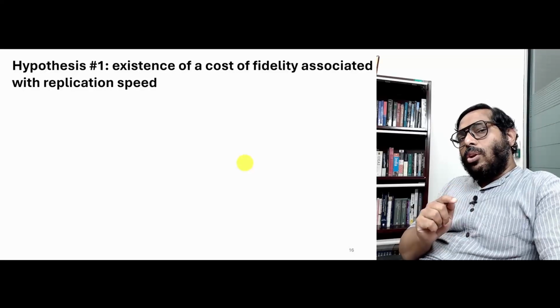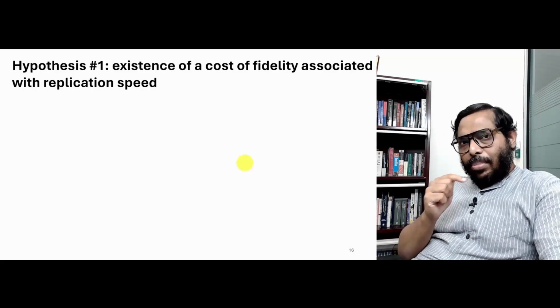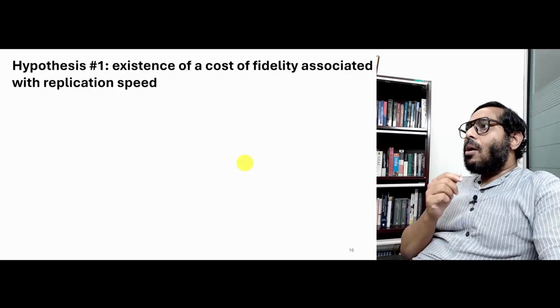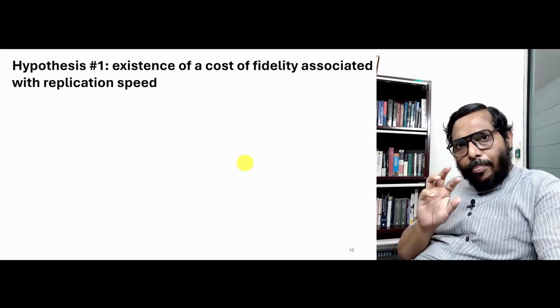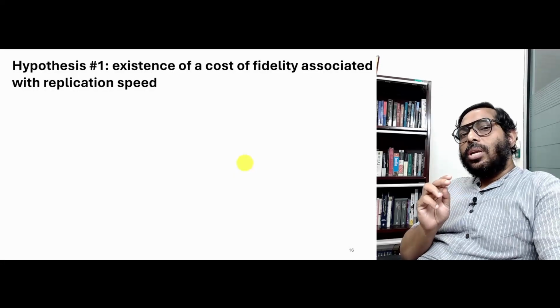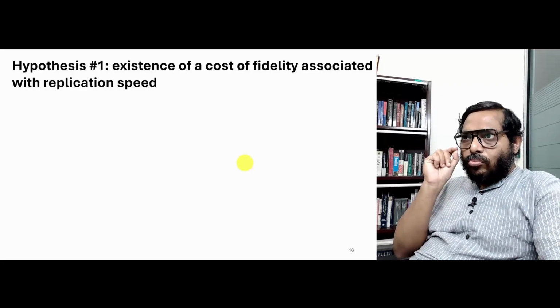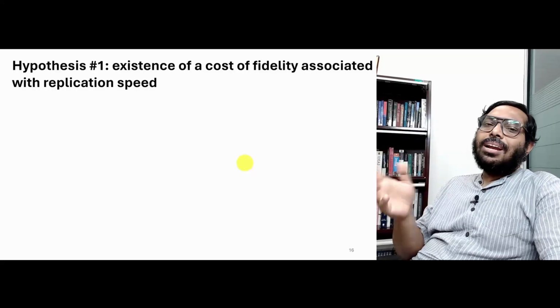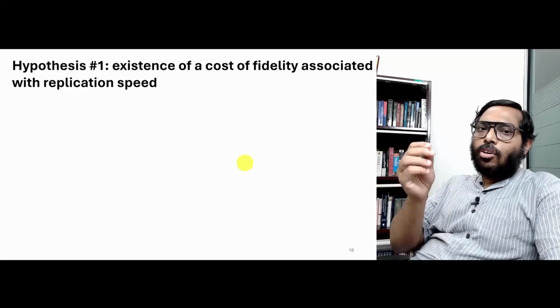Whenever a cell is replicating, it needs to create copies of its DNA. We also know that this replication process is error prone. When the bases are being inserted by DNA polymerase, sometimes it ends up incorporating wrong bases.